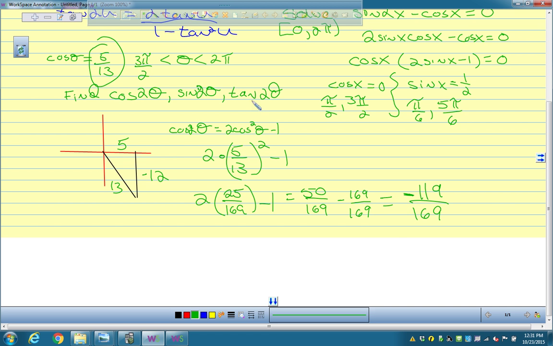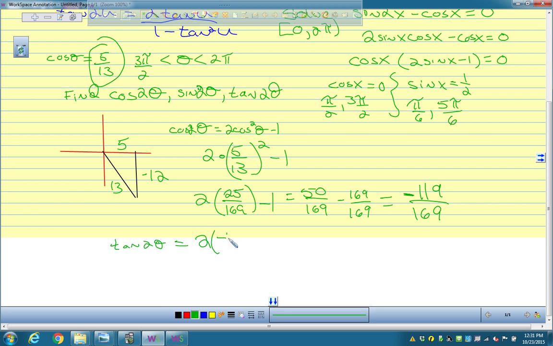And then let's just do tan of 2 theta. I think you could do the sine of 2 theta, but the tan one gets a little more interesting. Tan of 2 theta is going to be equal to 2 tan theta over 1 minus tan theta squared. So what's tan theta in this case? Negative 12 over 5, right?